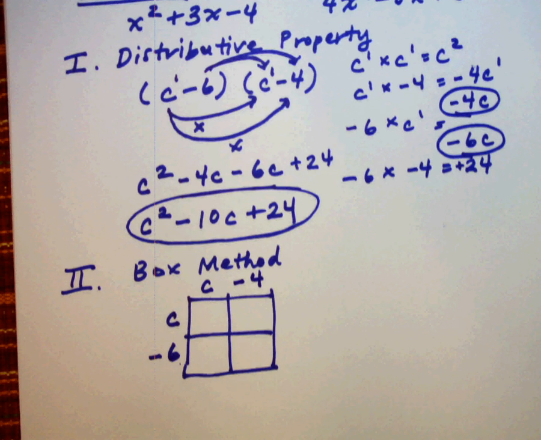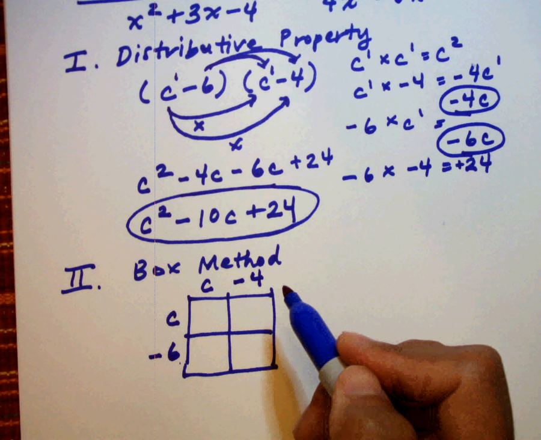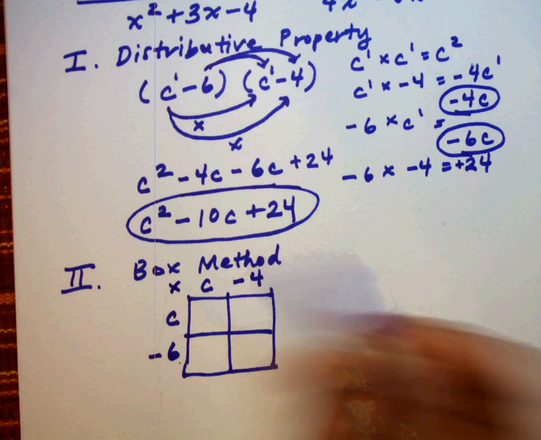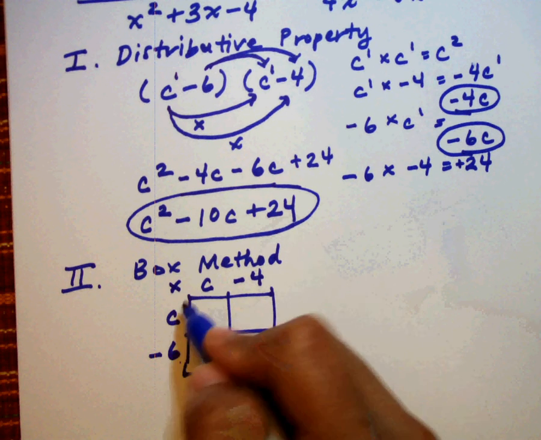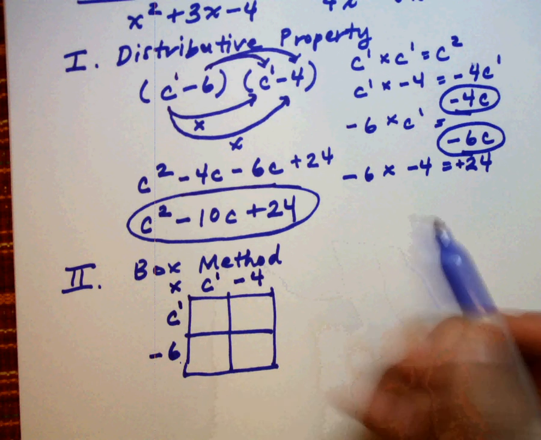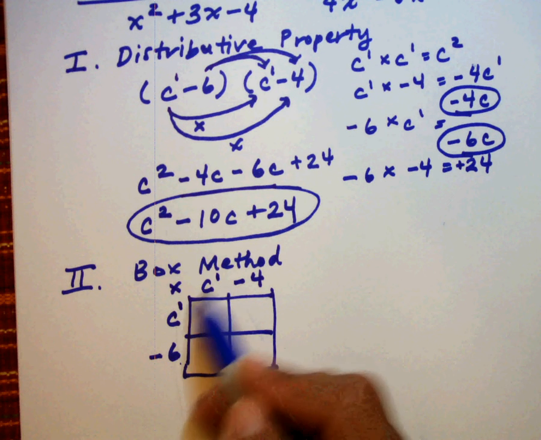Now how I'm going to do this is that, remember when you're finding the area of a rectangle or a square, you're multiplying those two sides together. So c, and remember this is an imaginary 1 for both of them, c to the first times c to the first. You're adding the exponents together.